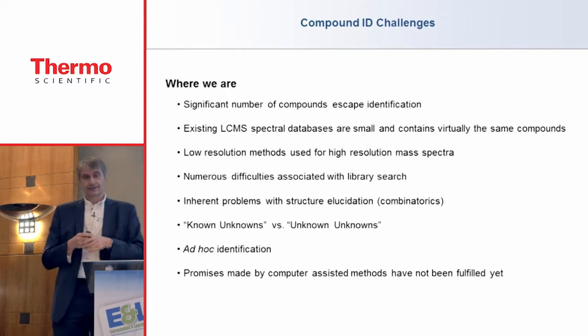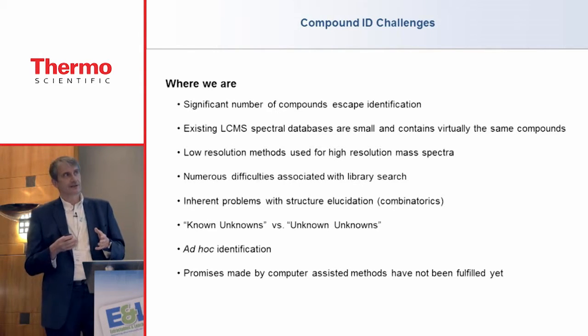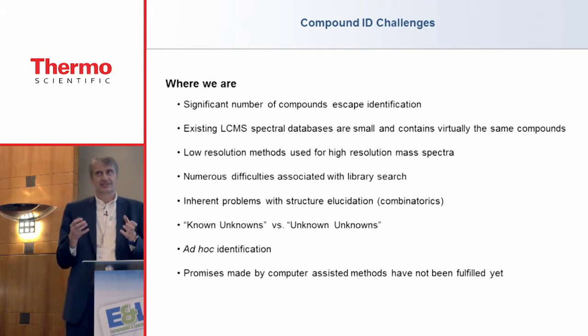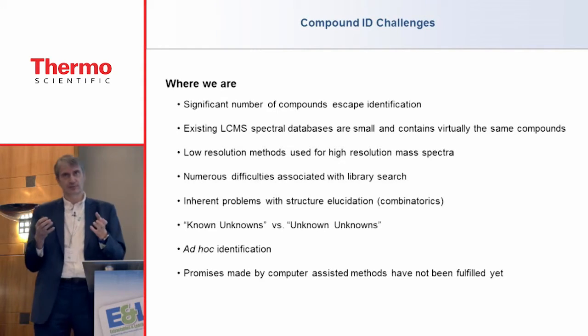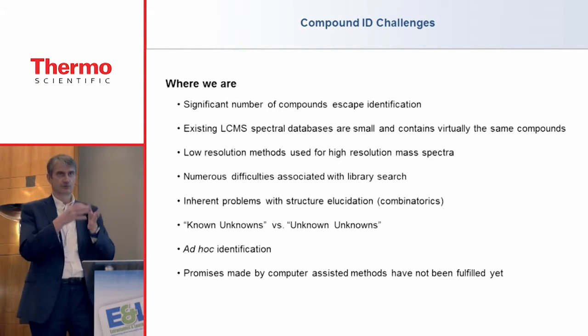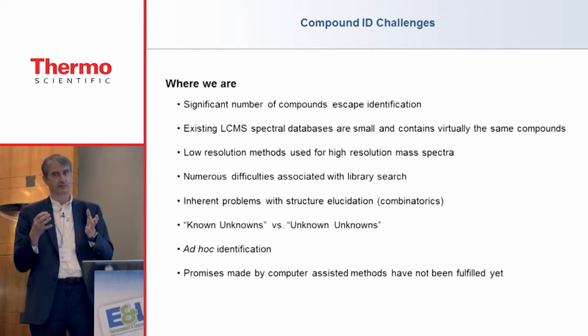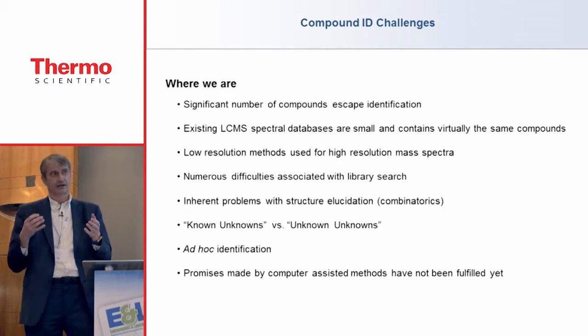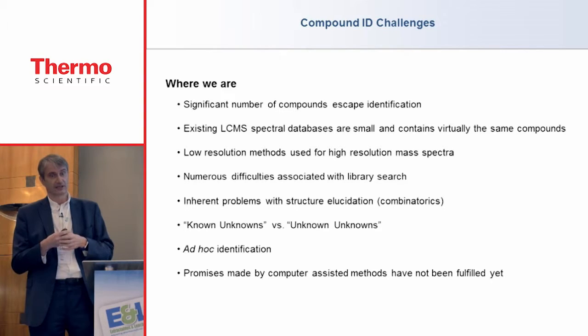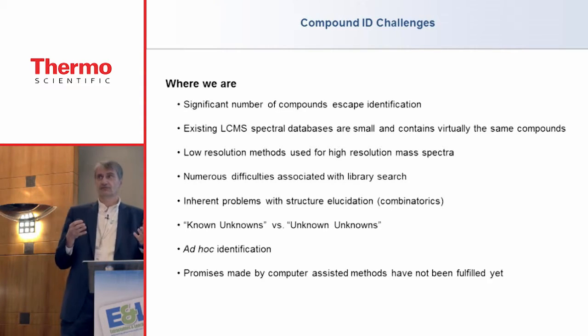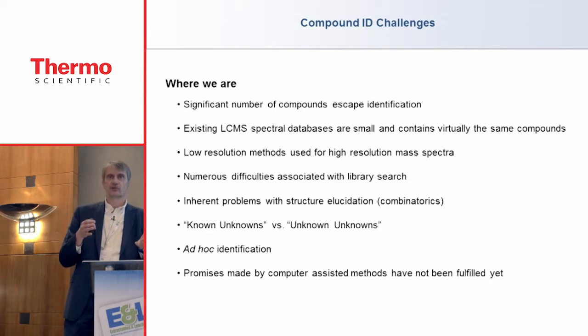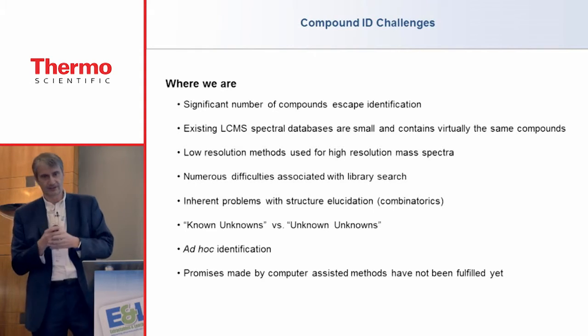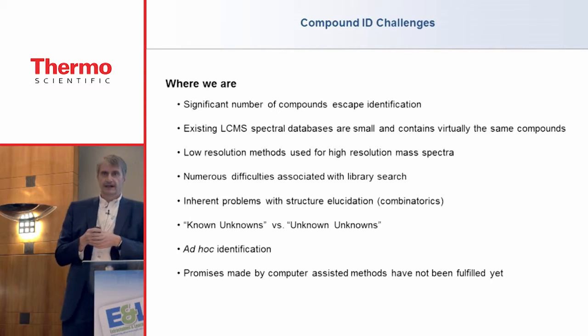Then we have an inherent problem with compound identification. We are actually fighting a huge combinatorics, and to identify a compound means to somehow put that combinatorics under constraint. Today we have two groups of compounds, known unknowns and unknown unknowns. You probably know what I'm talking about.